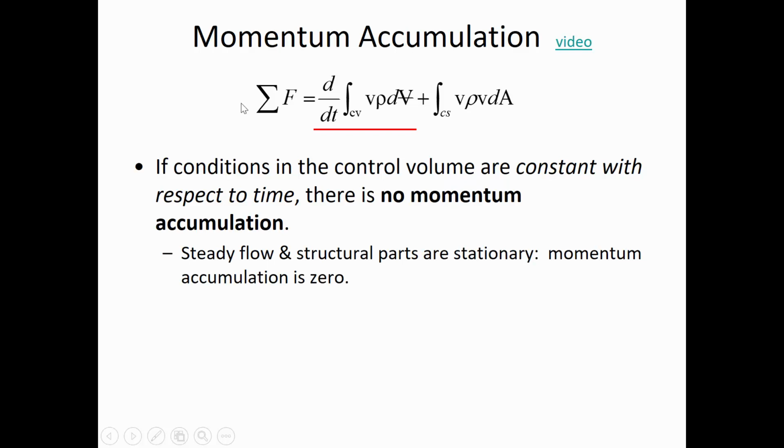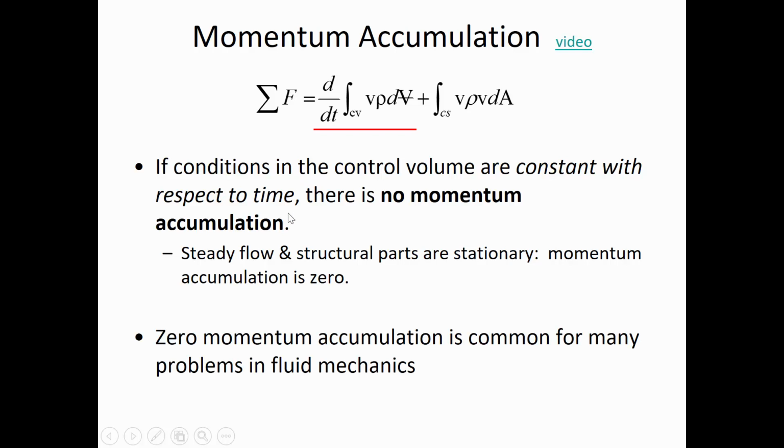That simplifies the Reynolds transport theorem and allows us to say that the structural parts are stationary, there's no momentum accumulation, and so it's just a matter of the sum of forces inside of the control volume, the sum of the forces required to hold the system steady can be determined by looking at the change of mass flow in and out, where you're also keeping track of the velocity in and out.